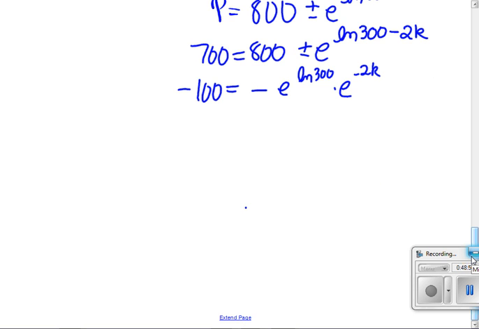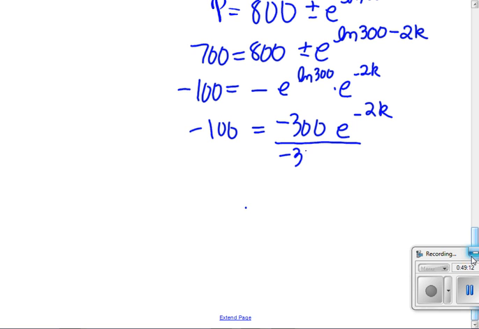So negative 100 equals, this is negative 300, because that's just 300, e to the minus 2k. And we'll divide by negative 300. So 1/3 looks much nicer, e to the minus 2k, and then how do you solve for k?